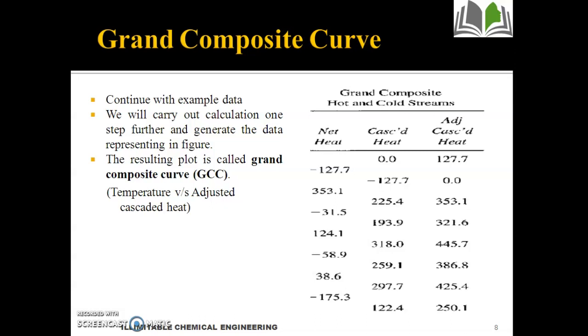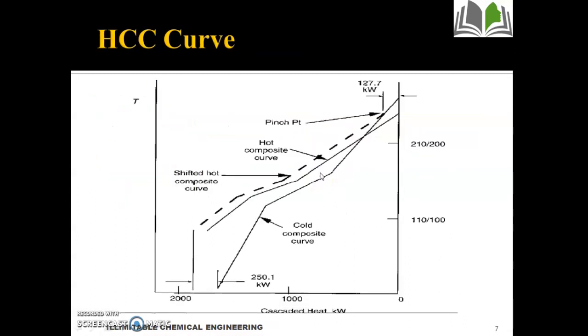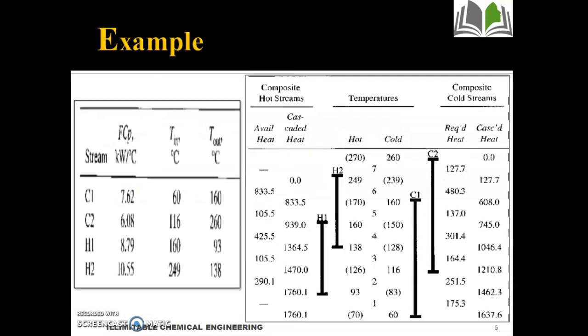Now the grand composite hot and cold streams data is available. According to the temperature, we will calculate the cascaded heat. How it is calculated was already discussed in lecture number 2, by subtracting the hot minus cold stream cascaded heat.